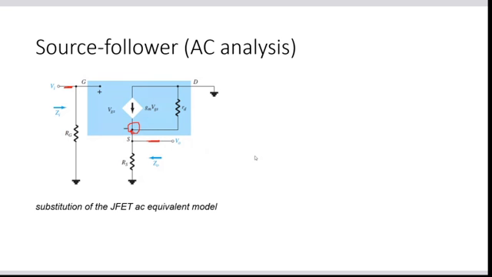Consider this node here as A, and this point here as B. This point B is directly connected to the ground, so this point B will also exist here, because it is connected to the ground. So this point and this point are common. Correct? Now I can redraw the circuit.